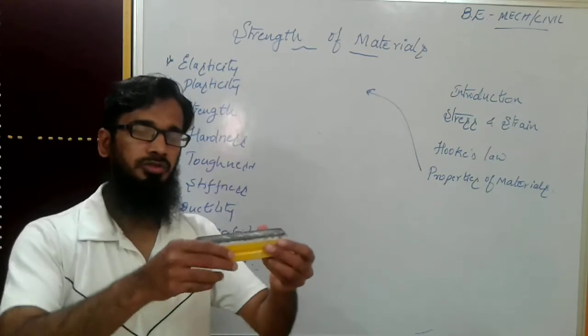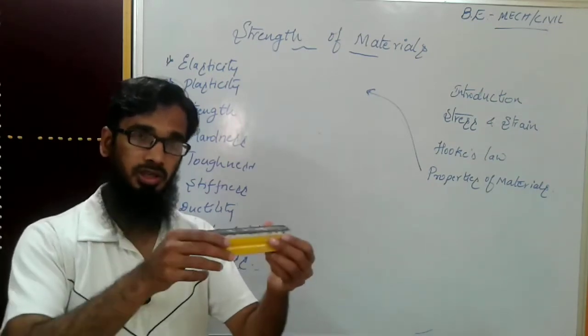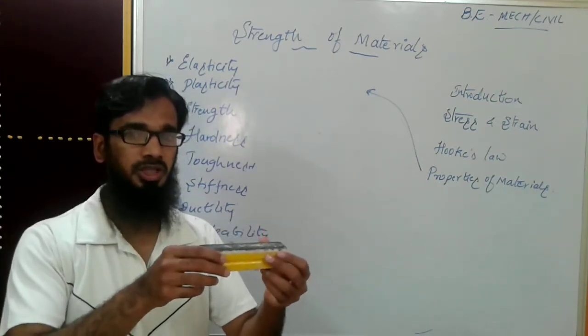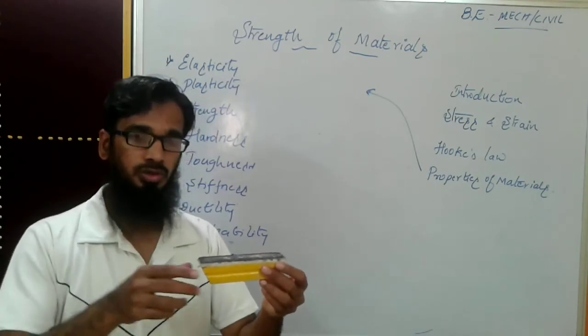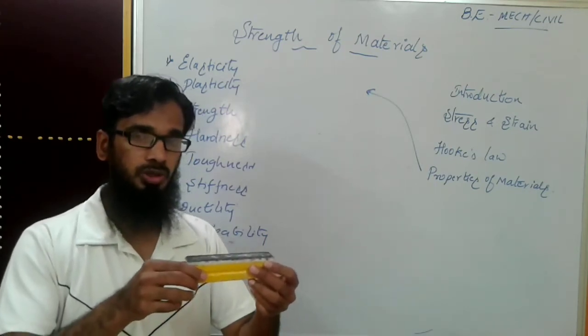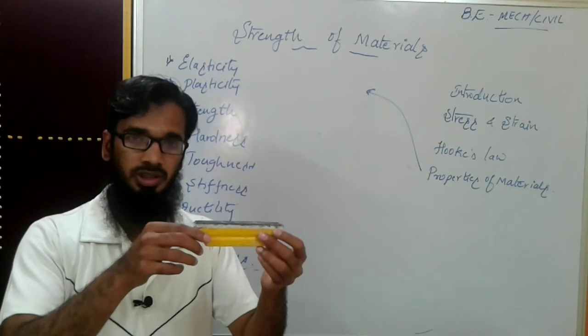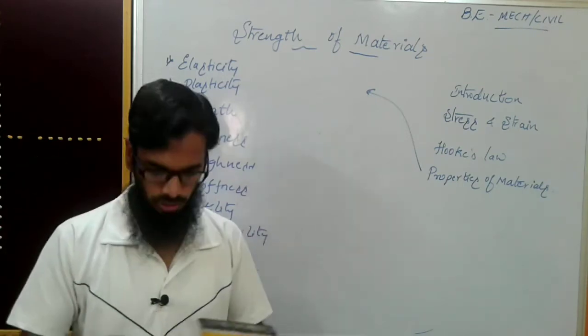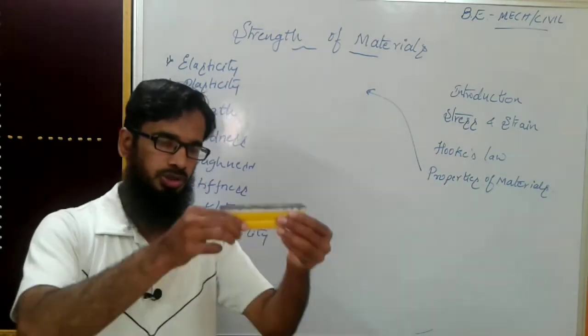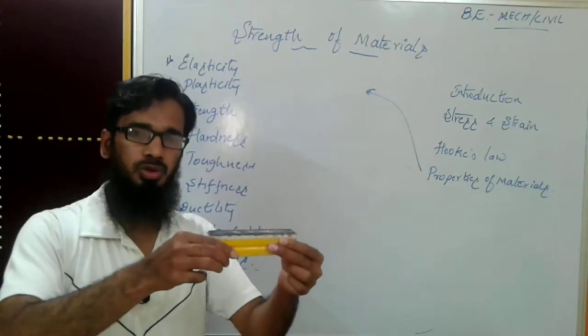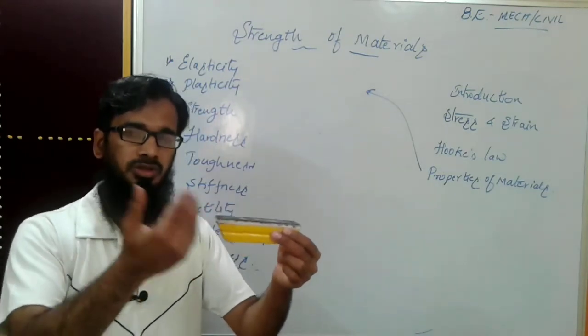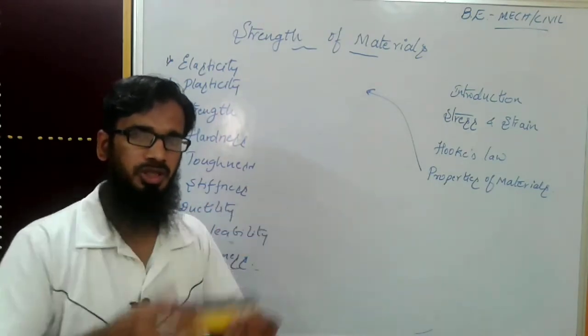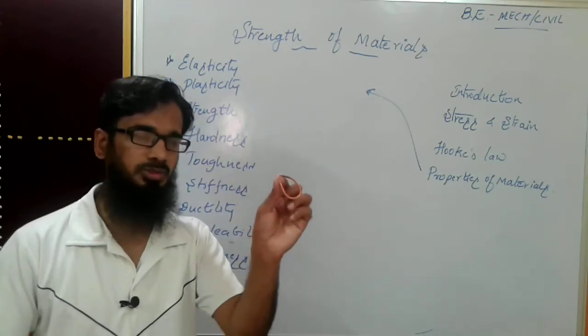For this material, if you apply load, deformation will also take place to some extent. When you apply more load, you cannot see it directly here, because a larger load needs to be applied. Even if you apply more load, it will have some deformation, but it should be less compared to this other material.